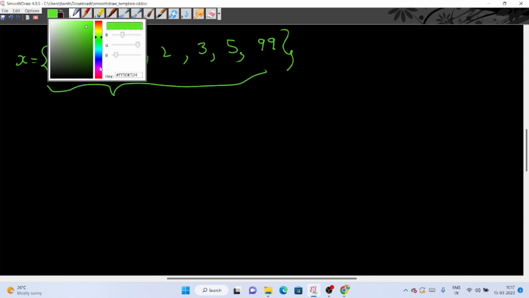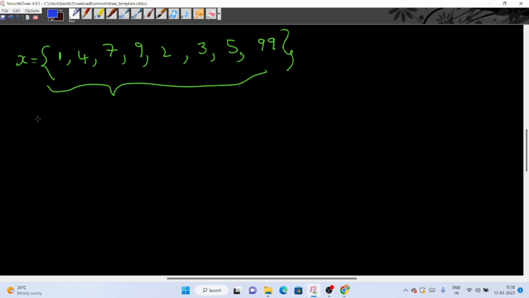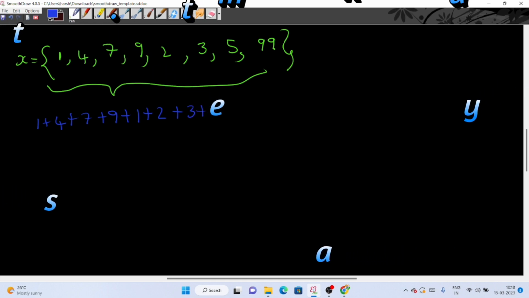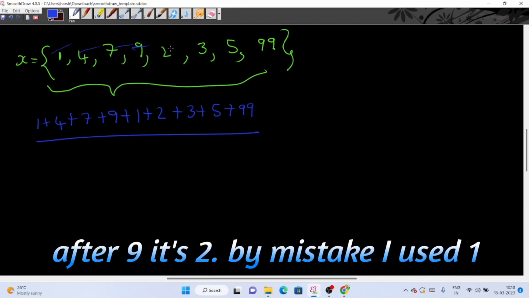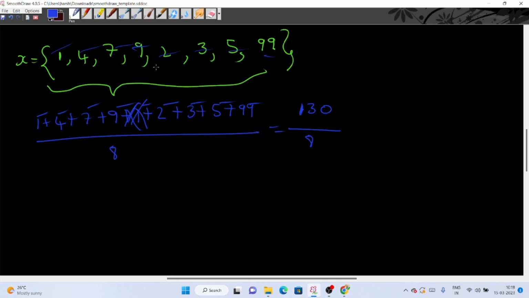First let us find the mean of these numbers. That equals 1 plus 4 plus 7 plus 9 plus 2 plus 3 plus 5 plus 99, divided by the count of numbers. I counted 9 numbers because I had given an extra number here by mistake, which is not in this data set.